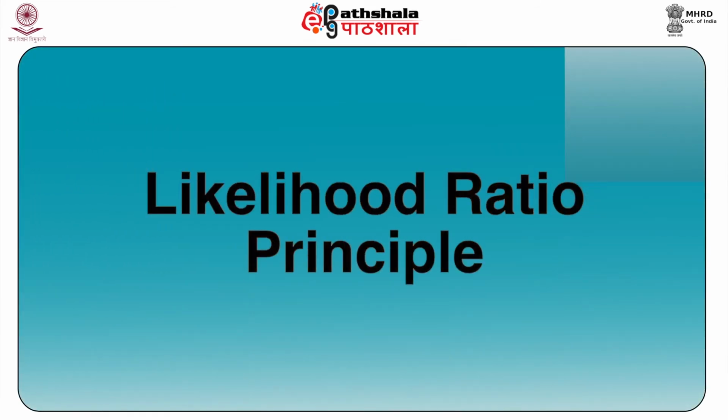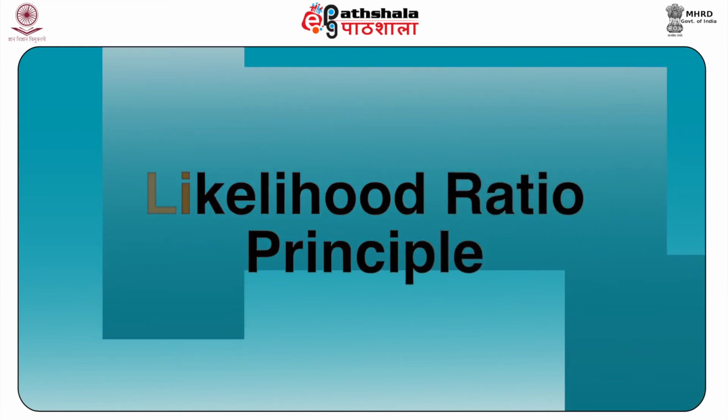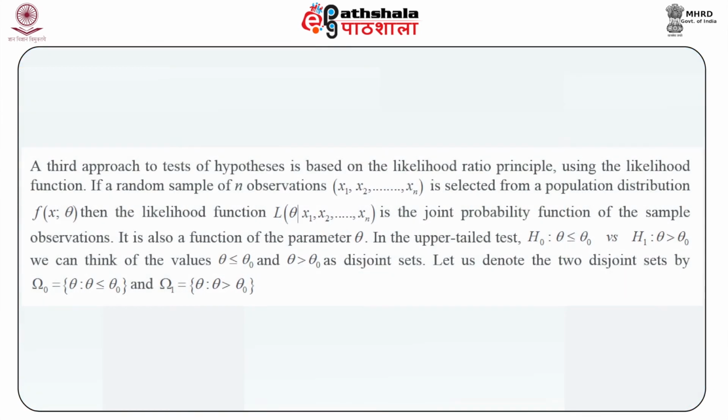Let us now look at, discuss, and try to understand the likelihood ratio principle. This is the third approach to tests of hypothesis and is based on the likelihood ratio principle using the likelihood function.